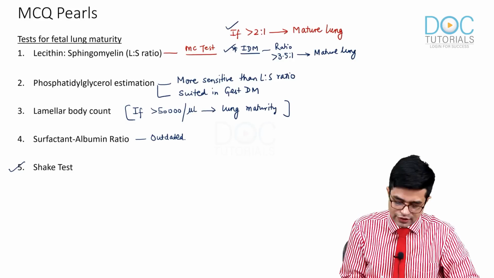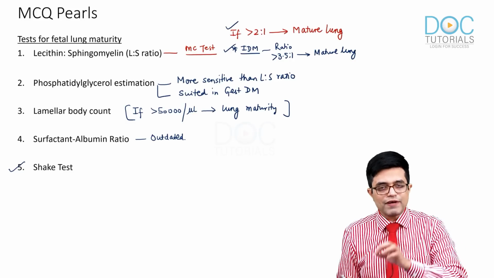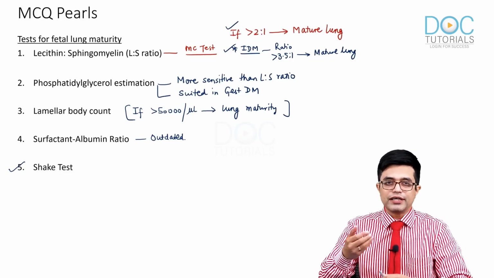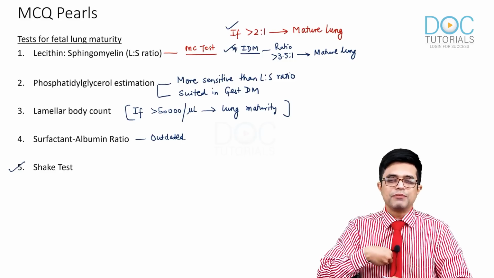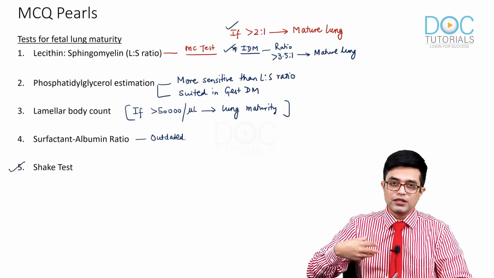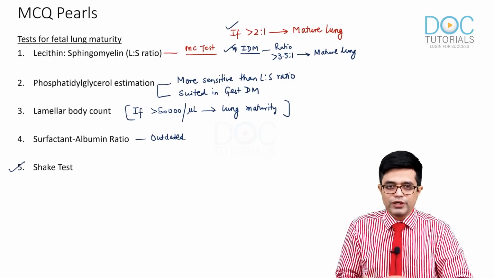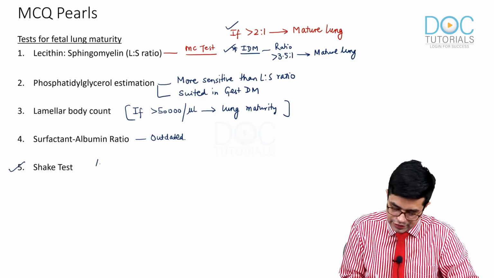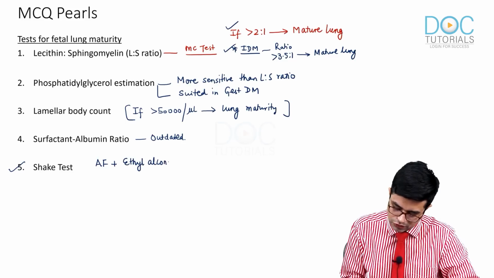The shake test can be done at the bedside as well. If you have amniotic fluid, or sometimes if the child is just born, the child must have aspirated or ingested some amniotic fluid into the airway or the gut. So you will take out that amniotic fluid, or you can simply take the sample from the mother's amniotic fluid. We take amniotic fluid and mix it with an equal amount of ethyl alcohol, ethanol, in a test tube.